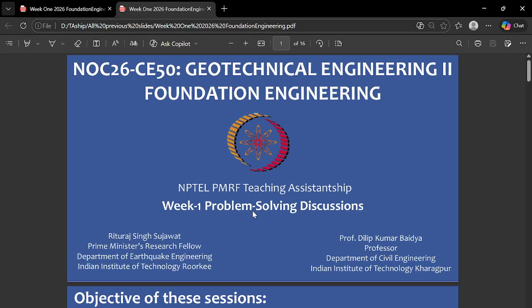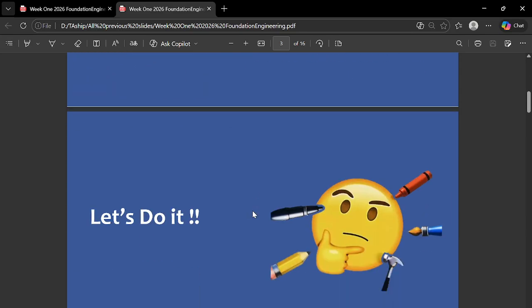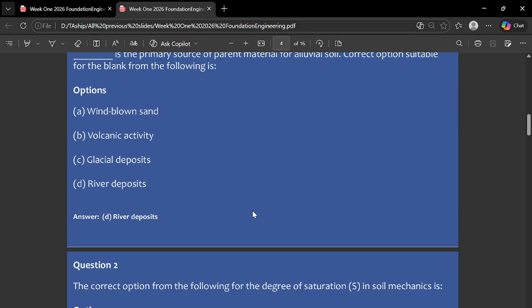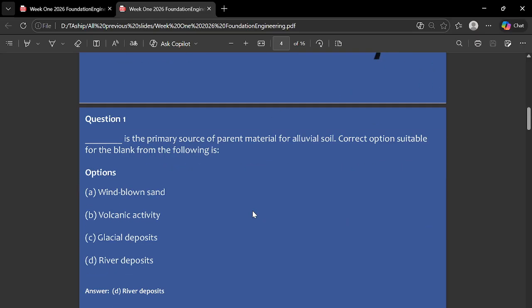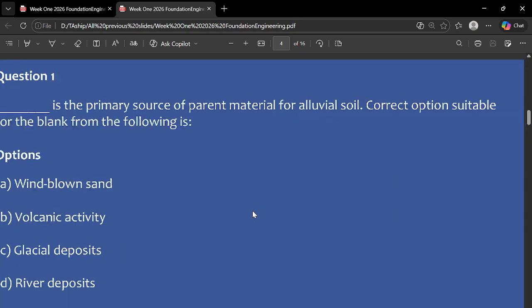Week one was basically about some of the fundamentals which we had seen. It's just about the fundamentals which we have covered in the soil mechanics part.